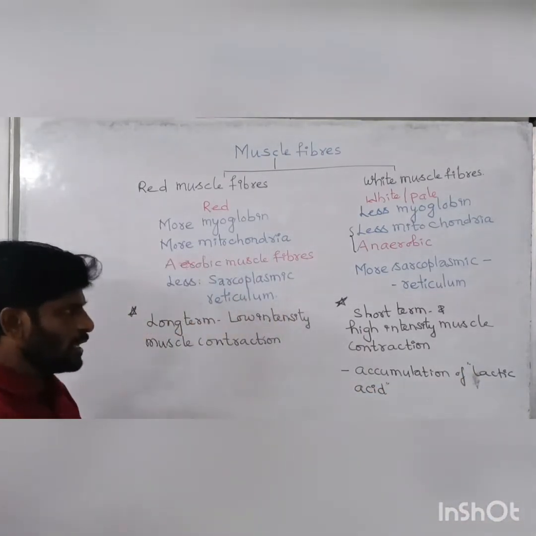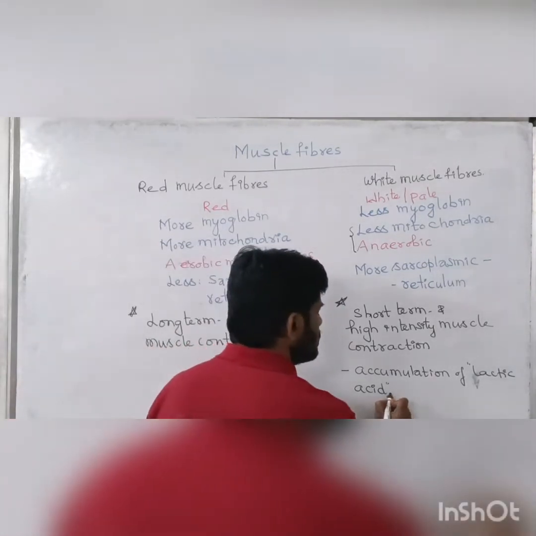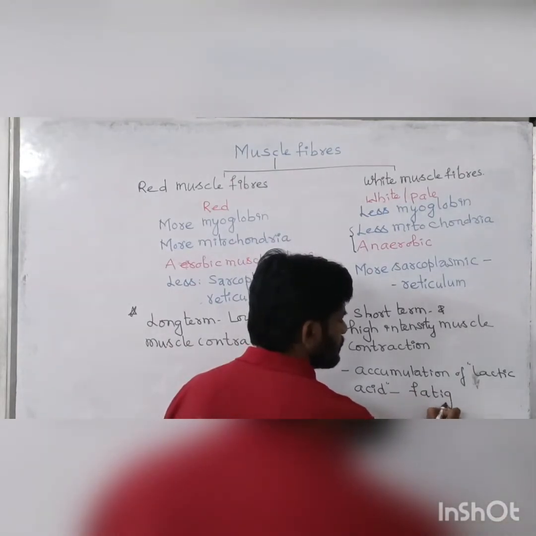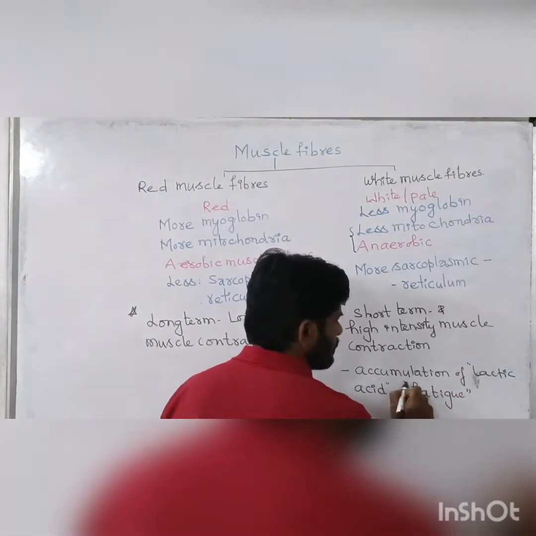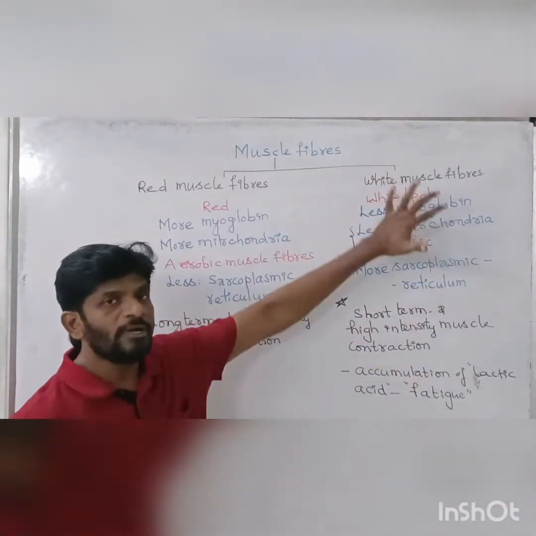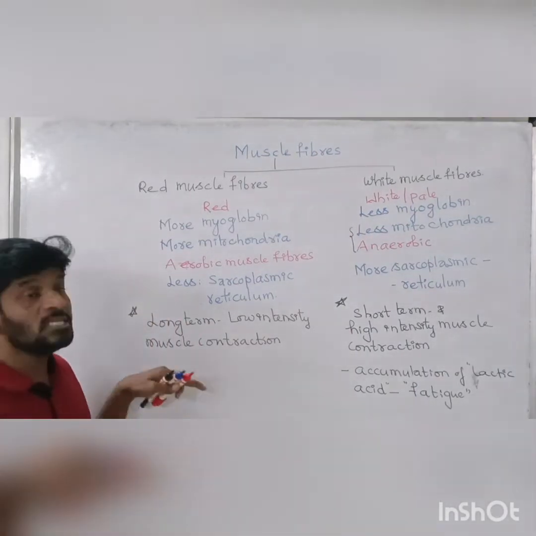When the accumulation of lactic acid occurs in a muscle, it leads to fatigue. There is a high chance of fatigue in the white muscle fibers. But when the mitochondria are more, they are aerobic, no chance of fatigue.